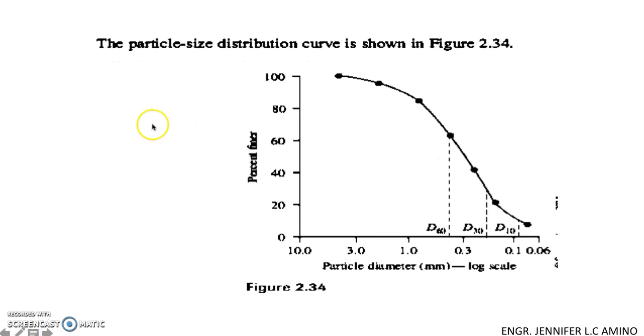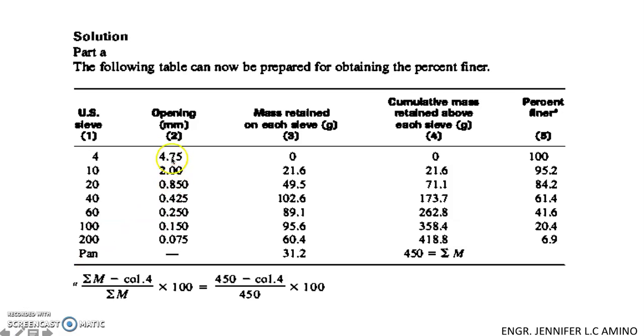Then afterwards, once you have that given, you try to plot the particle size, the diameter along X. You have to place the diameter along X, then pair that with the percent finer. So meaning to say the percent finer that corresponds to the particle diameter. So the particle diameter is this one. This is the diameter that you're going to plot along x-axis. Then along y-axis is the percent finer. So each diameter has its corresponding percent finer. You plot this along y-axis. So this one you plot along x-axis.